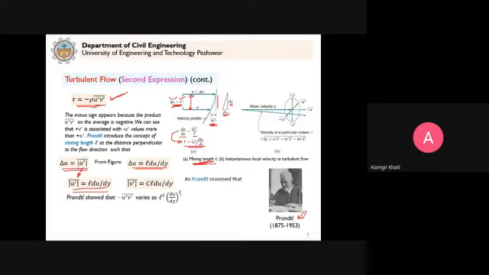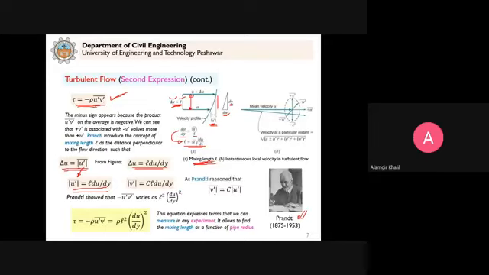Prandtl also reasoned that this fluctuation in the y direction will be equal to some constant of the fluctuation in the x direction. Clear? So based on this, we can write this expression as v dash bar equal to c into L du by dy.